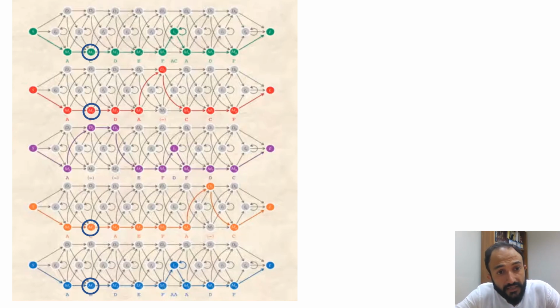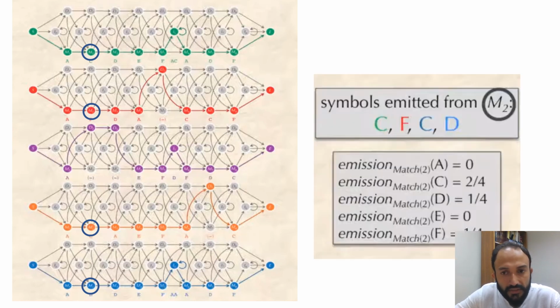At each site, for example, if we consider here site 2 of M2, the green, red, purple, brown and blue all represent different sequences. If we calculate the emission probability of C at a site, F at a site, and then again C at a site, and then D at a site, M2, what is the probability of each?